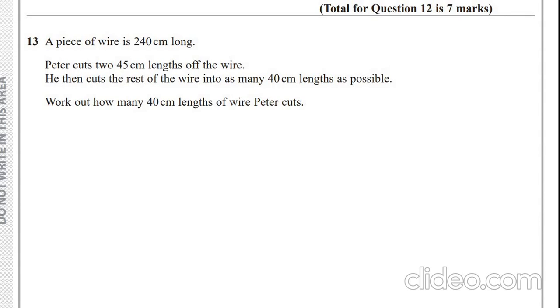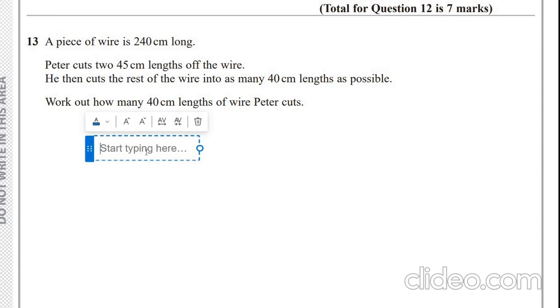Work out how many 40 centimeter lengths of wire Peter cuts. All right. So 240 take away 90 gives us 150.